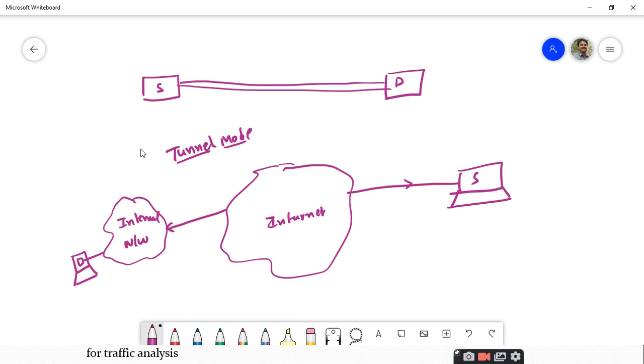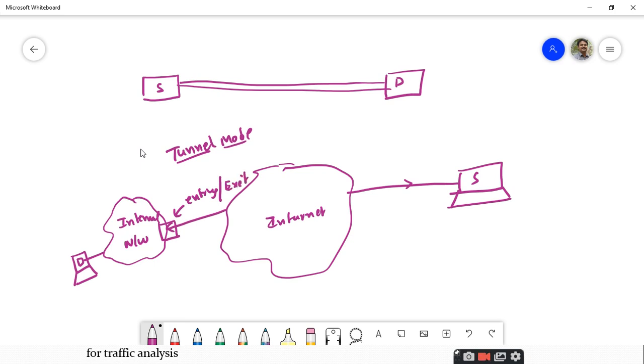So, I have a source system S, I have a destination system D, and the source system is directly connected to the internet, and the destination system is not directly connected to the internet. It is connected through an internal network, that is a private network. And one important thing you have to remember here is, whenever you have internal networks like this, there exists a single gateway or single entry or exit point.